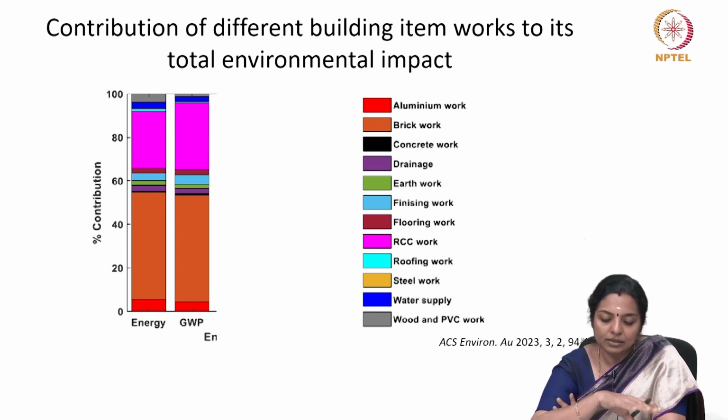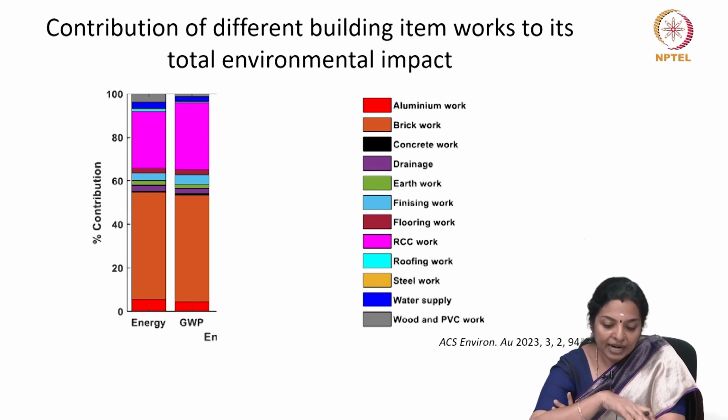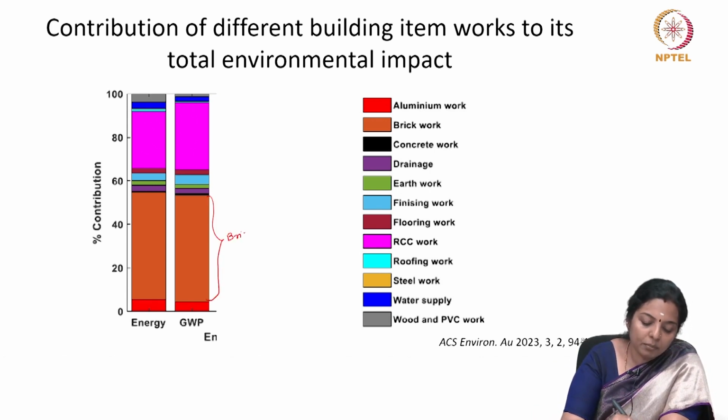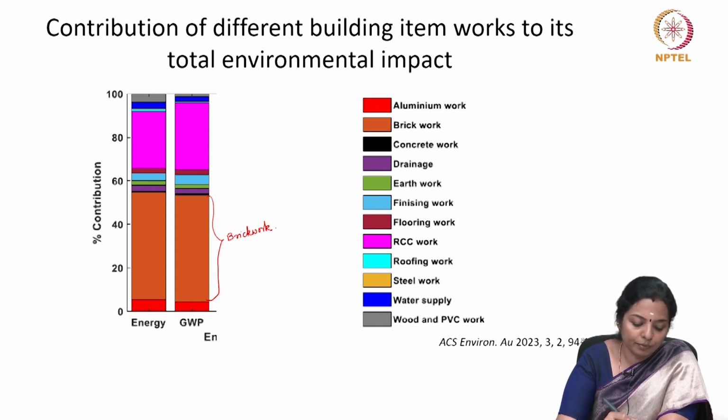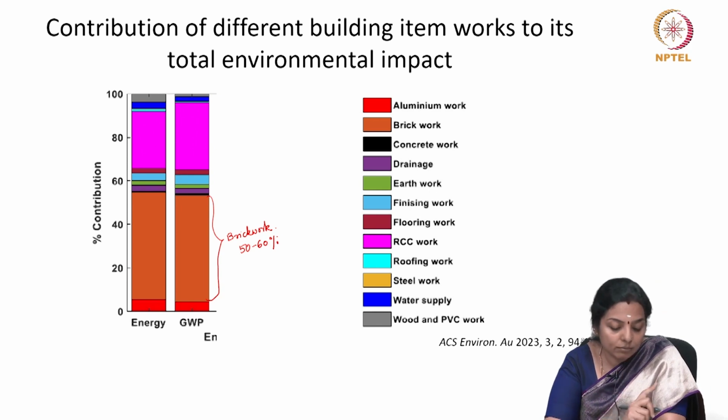This research considers 12 individual items of work, and it is found that brickwork contributes about 50 to 60% of embodied energy and global warming potential, due to items where brickwork is involved.